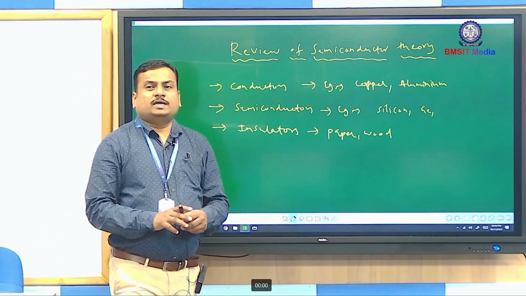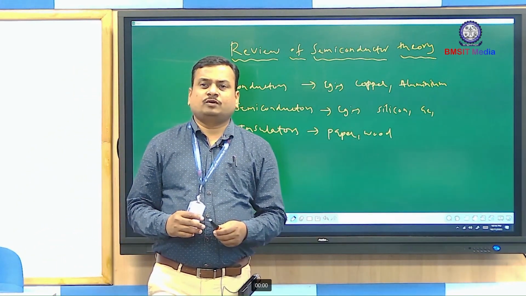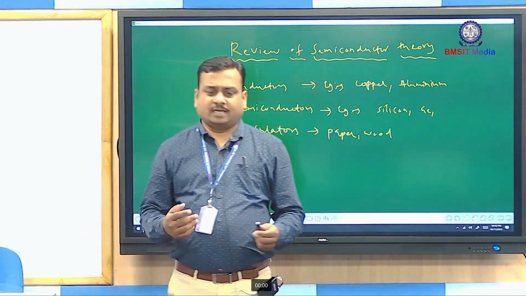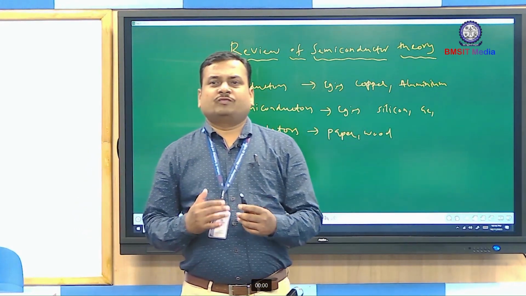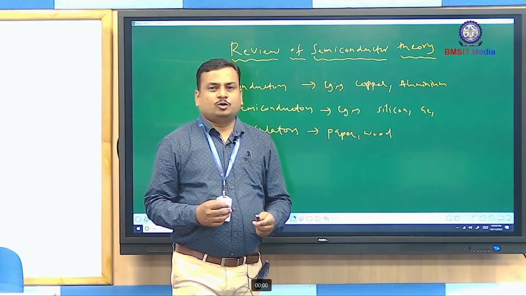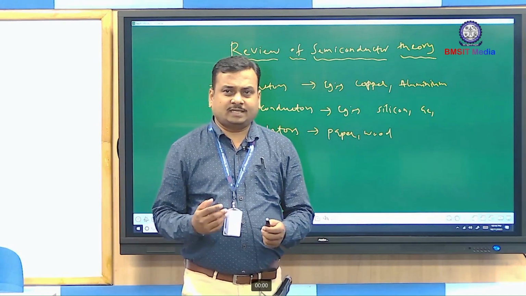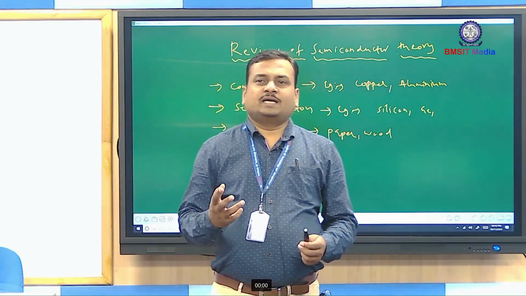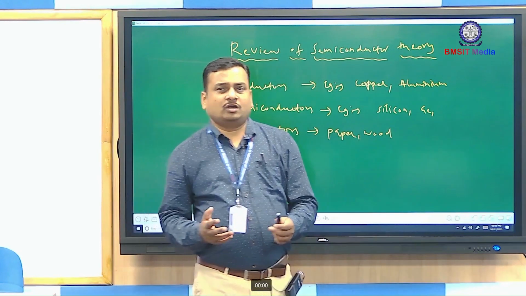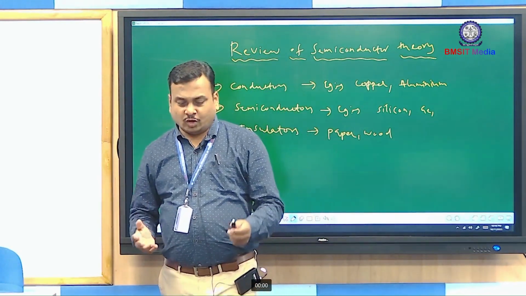Here we have to understand some important properties of semiconductors. One property, which I just mentioned: the conductivity of a semiconductor lies between that of an insulator and a conductor. Another important property is that the conductivity of a semiconductor increases with an increase in temperature. This concept we call negative temperature coefficient.